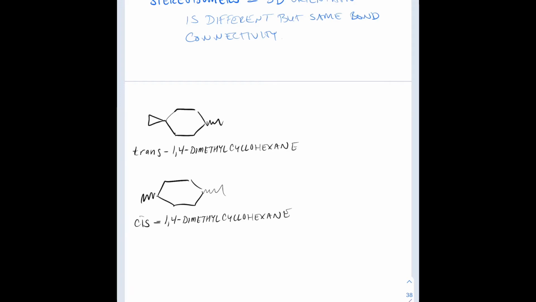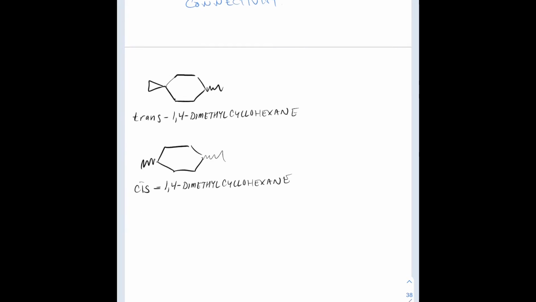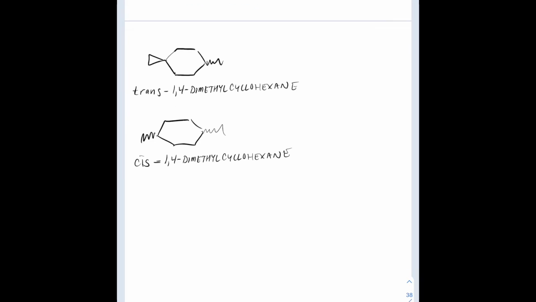Now, one of the things that we want to go over is the chair conformations of these two. We want to see which one is more stable, which one's going to be high energy and which one's going to be low energy, if that's even possible. So let's start by drawing a chair.